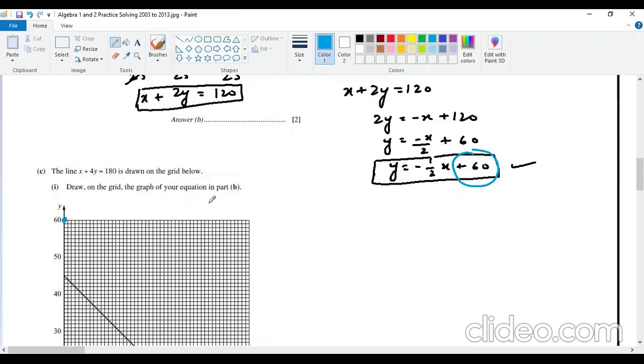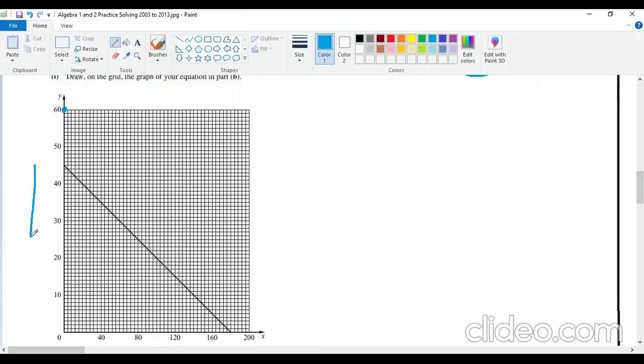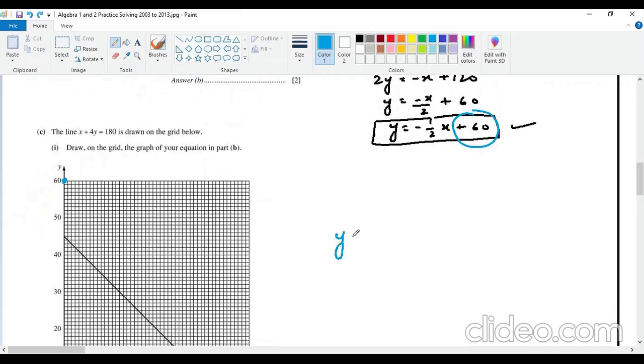And the trick you're going to apply is that I want to know what the value of x is when y equals 0. When top to bottom this one is 0, what is the value of x? So in that case, we make y equals 0. You have the equation y equals negative 1 over 2 x plus 60. So I'm making y equals 0.